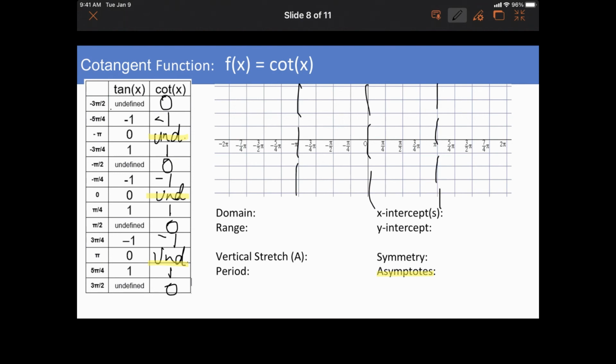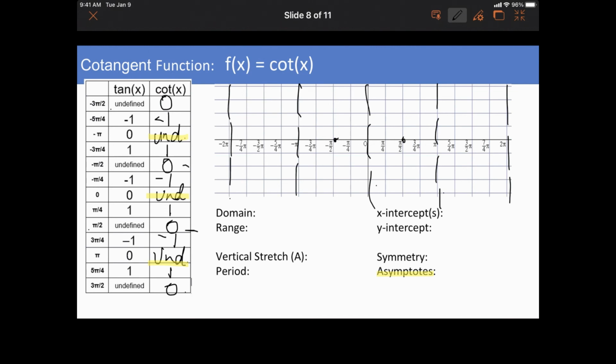So it would probably be 2 pi the next one and 2 pi. So if you look between your asymptotes, I'm going to say without looking at the table, pi over 2 should be 0. So let's look. Pi over 2 is 0, right? And then -pi over 2, and then 3 pi over 2.